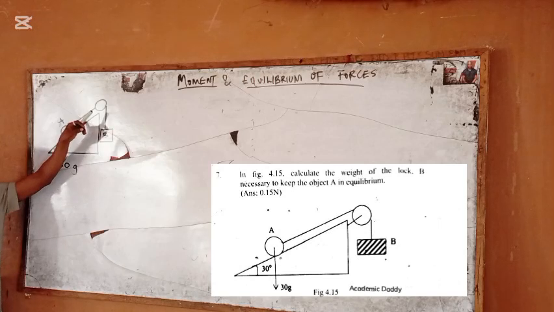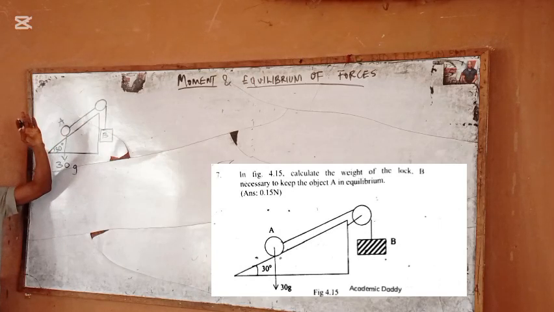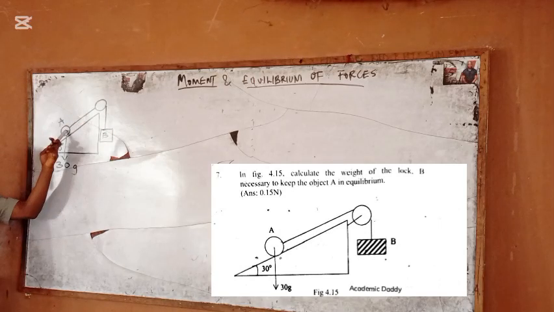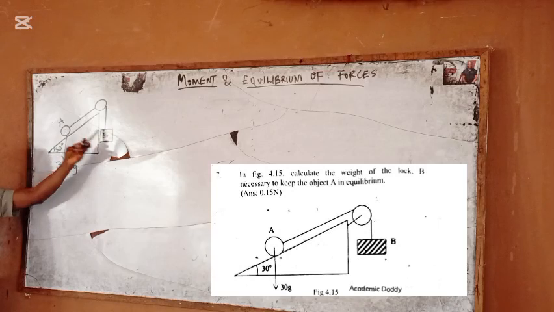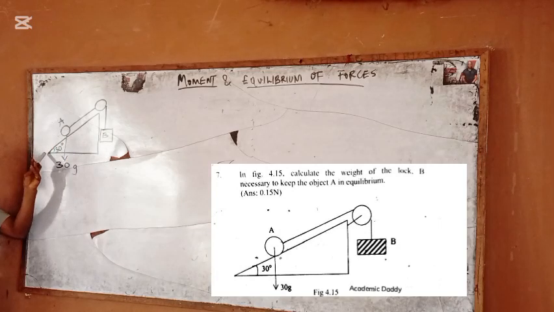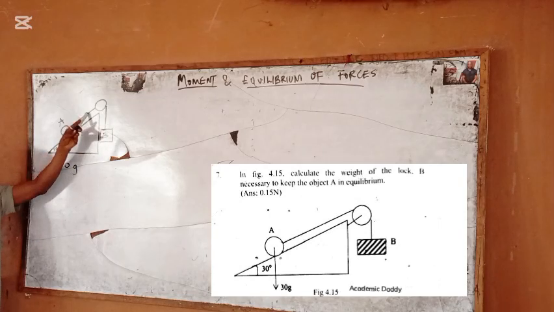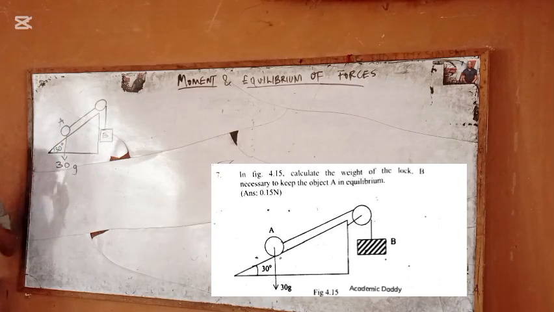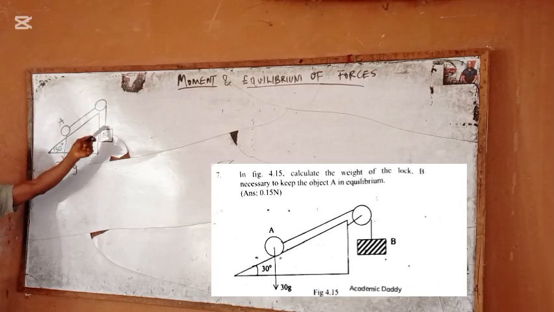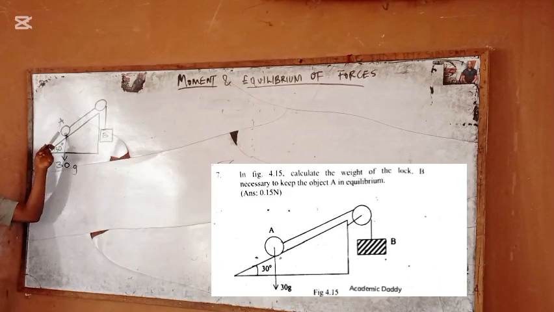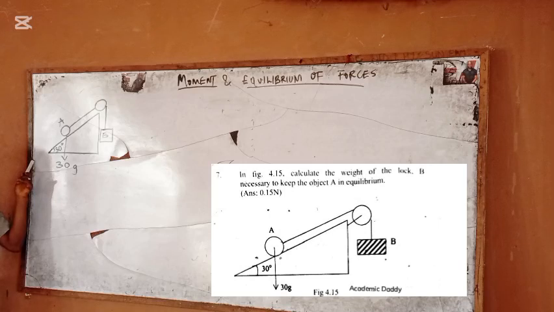And if this one is bigger than this one, it will drag this one until it stops somewhere, or even comes down to meet it. These are the two conditions we are looking at. So for equilibrium to be achieved, neither this object moves down nor this object moves down. Are you seeing it? That's the condition there.